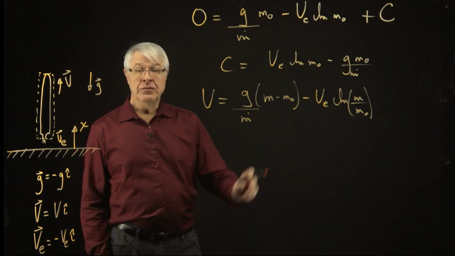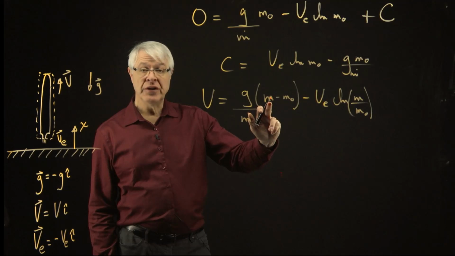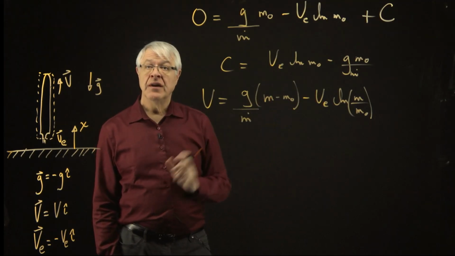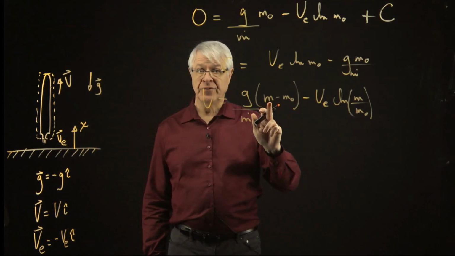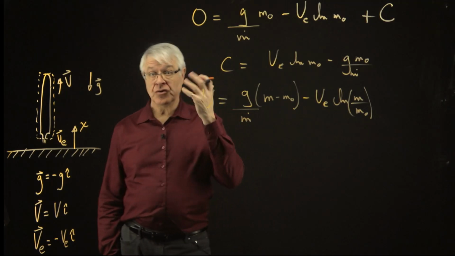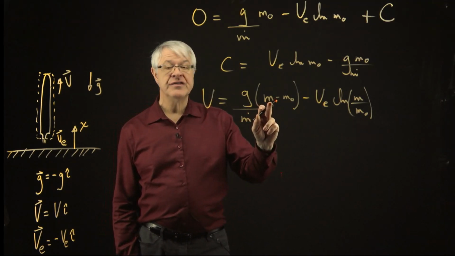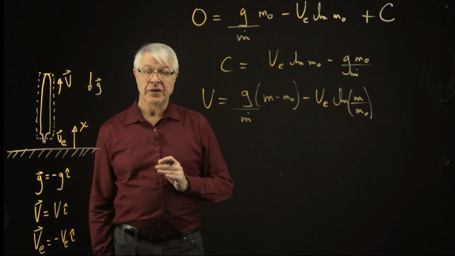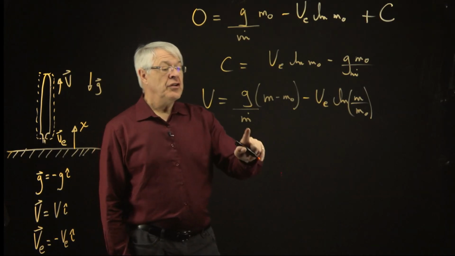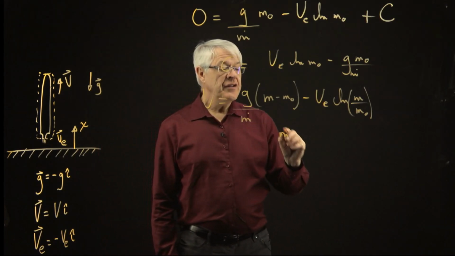So all we need to do to get that number is put in the mass when the fuel burns out. That'll be 175 grams, right? Because there's 200 grams to begin with, 25 grams is fuel, so 175 grams is the final mass. The other thing we need here is our mass flow rate.